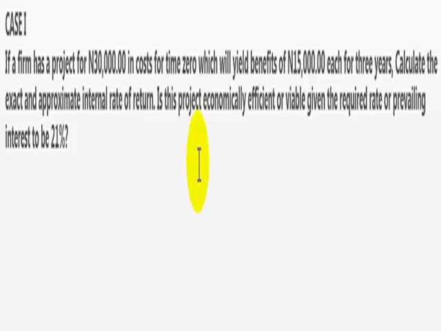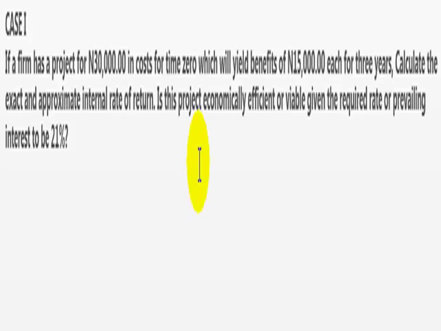Secondly, we are asked to carry out a financial decision: whether such a project is economically viable or not, that is, whether it is advisable for the firm to invest its financial resources into this particular project or not.